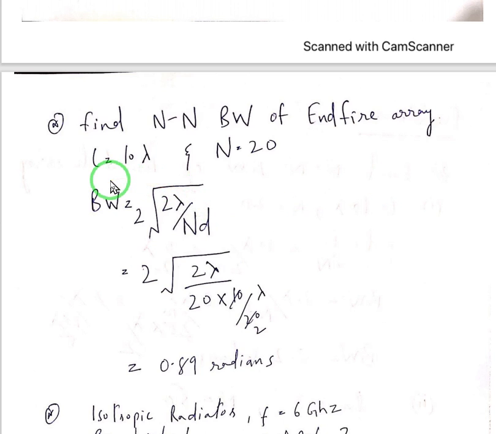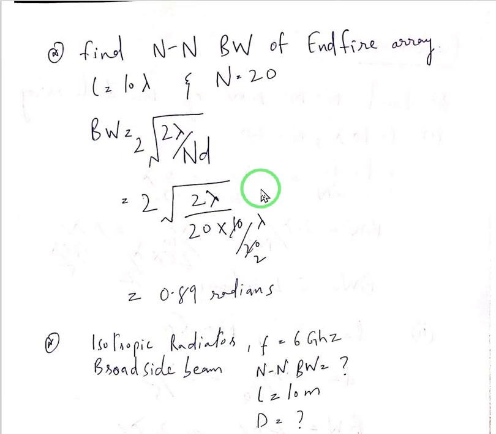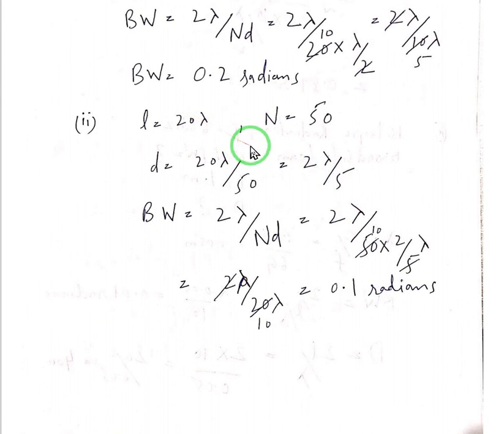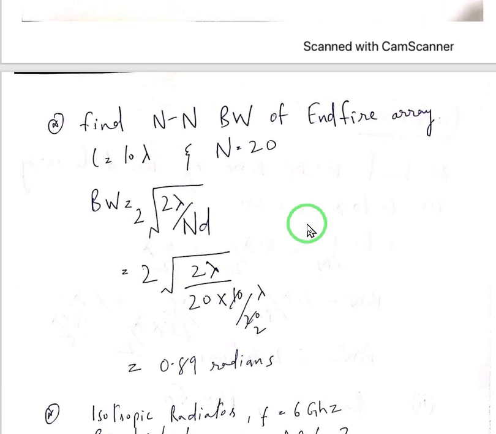Here we are given the length 10 lambda and n equal to 20. Beam width for the end fire has the formula 2 root 2 lambda by nd. First we have to find the value of d, which has the formula L by n, 10 lambda by 20.